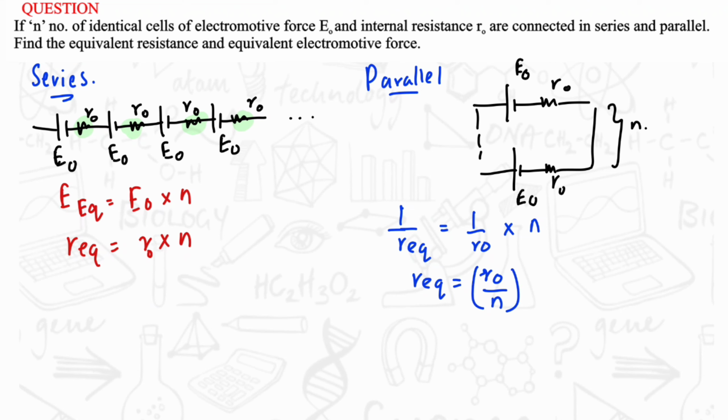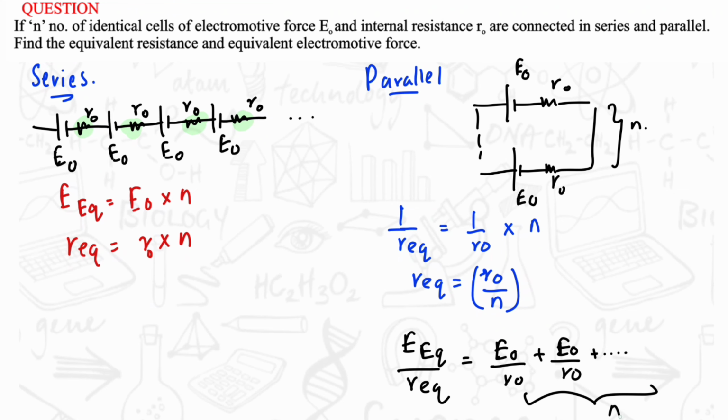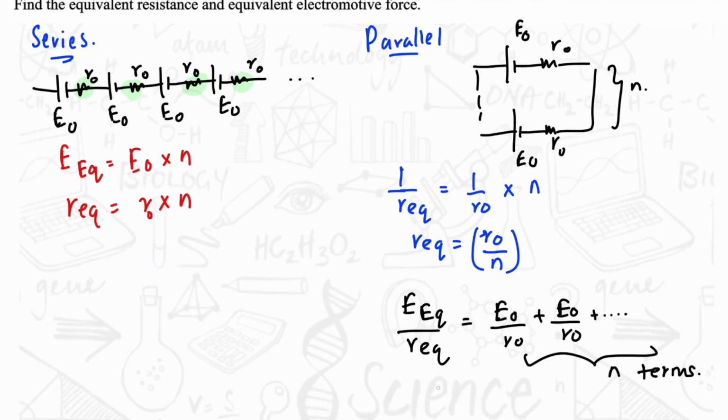And we have to find EEQ. So EEQ is equal to Req times E0 over R0 plus E0 over R0, and this pattern continues for n number of terms. So this will be EEQ divided by Req, and this will be n times E0 over R0.